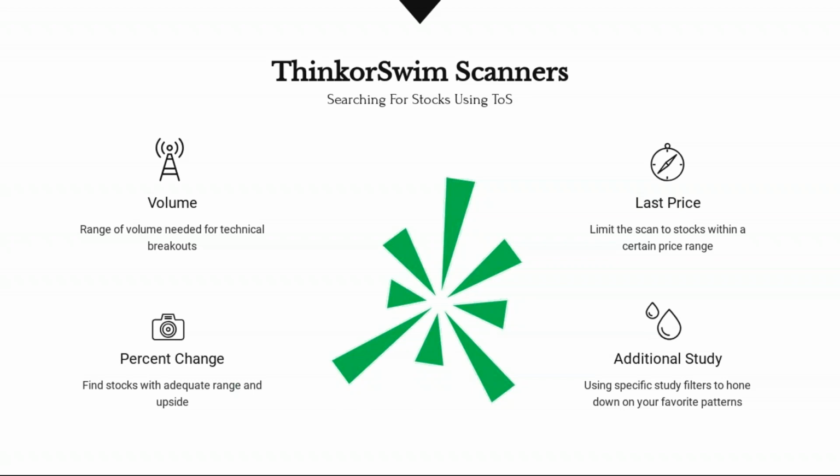There's a percent change, gain or loss, scan setup component that you need to have for your scanner, and that really defines stocks that have an adequate range and upside.